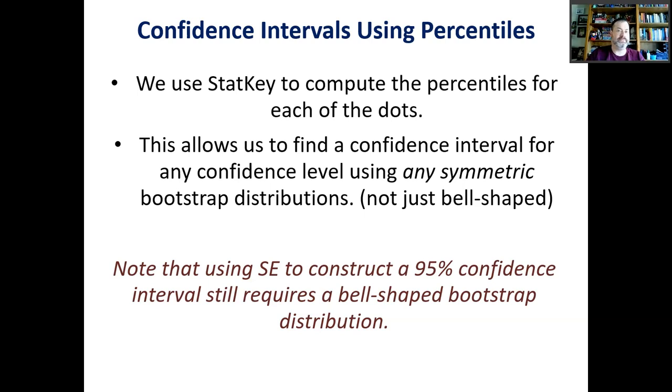So this is important. To use the standard error, we're using the 95% rule. The 95% rule only works when you have symmetric bell-shaped distributions. But percentiles work even if it's not bell-shaped. It still has to be symmetric for technical reasons, but it doesn't have to be bell-shaped.